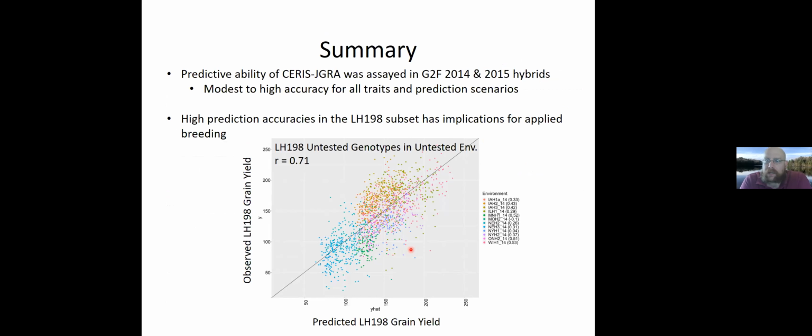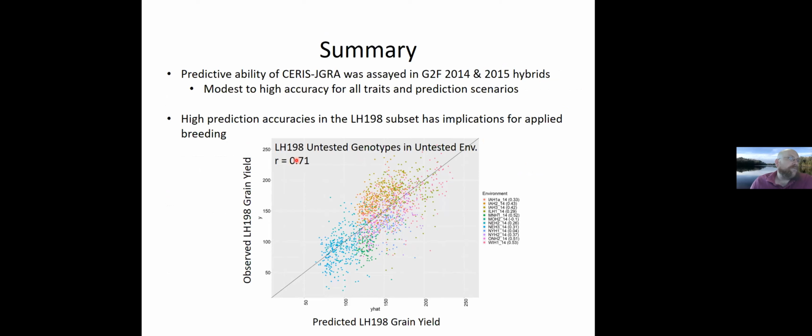LH198 was grown in a narrower range of environments, which we think helped account for the high prediction accuracies. It was grown more in the Corn Belt and less in Texas and Georgia. Siri was able to achieve modest to high prediction accuracies for all traits and data subsets.